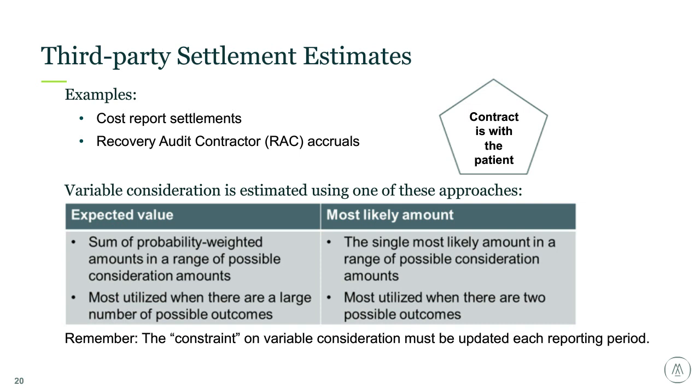And you measure your variable consideration for those using one of two approaches, the expected value method or the most likely amount method. Expected value would be kind of a sum of probability weighted amounts. You might say, here are the 4 potential outcomes, and here's the percentage probability of each outcome. You weight those out, and that would be the amount that you record. Or you have the most likely amount, the single most likely amount in a range of possibilities.